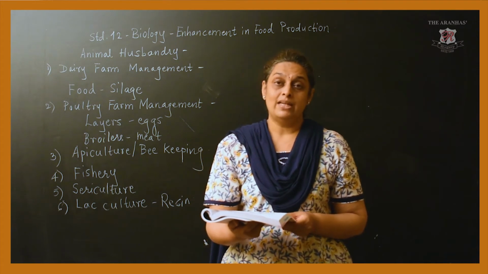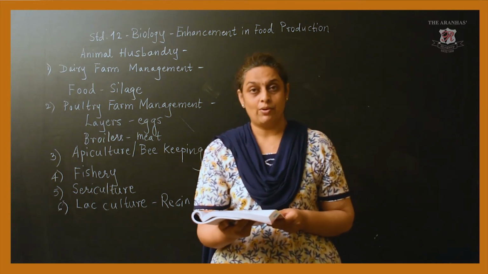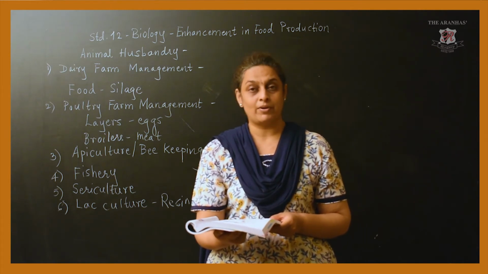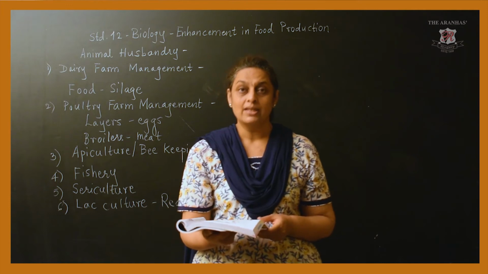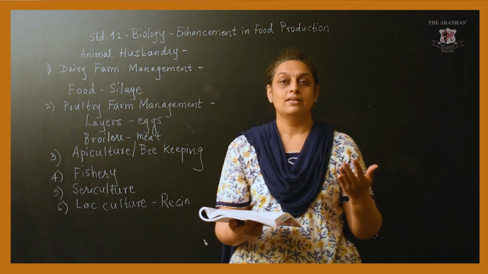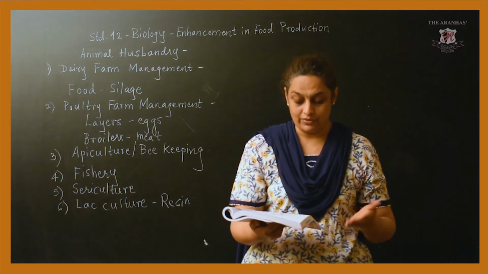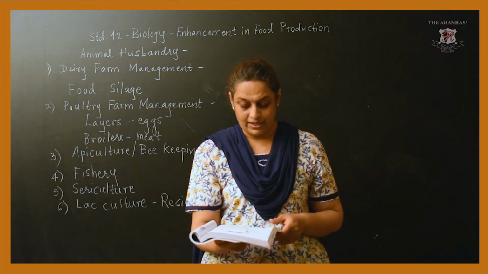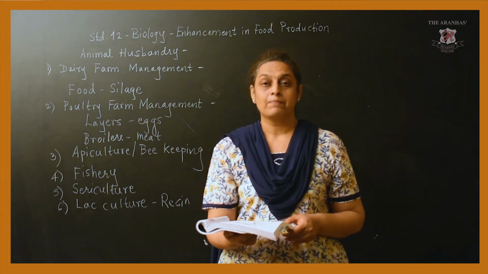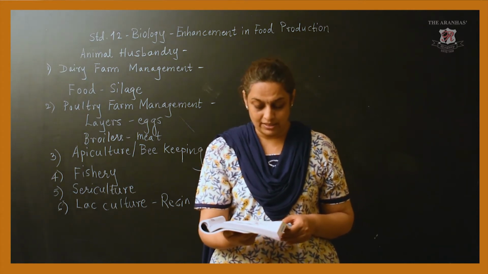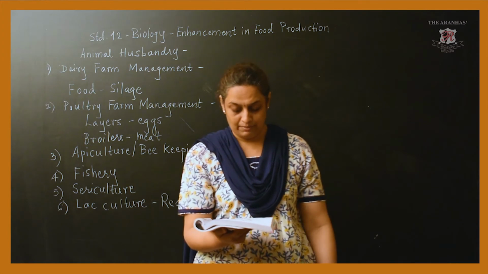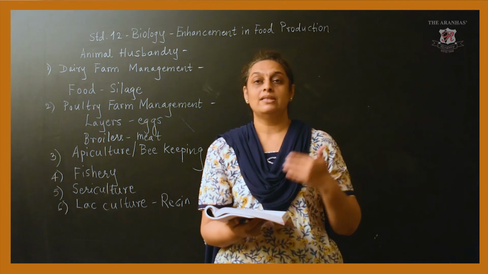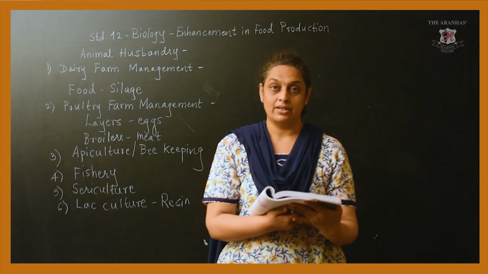India is one of the largest manufacturers of lac, because of the total lac production in the world, we have almost 85% share. Now this lac is very useful in making ornaments, toys, woodwork, then making ink, mirror, etc. So this is about lac culture.